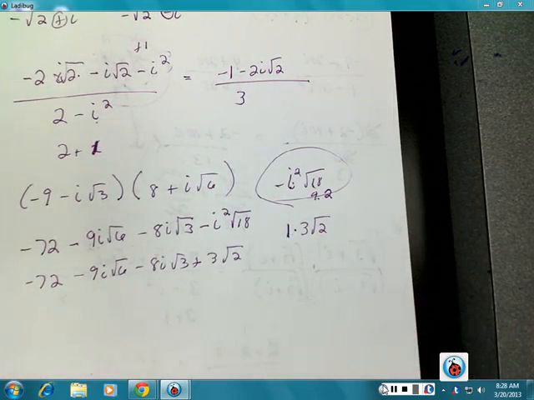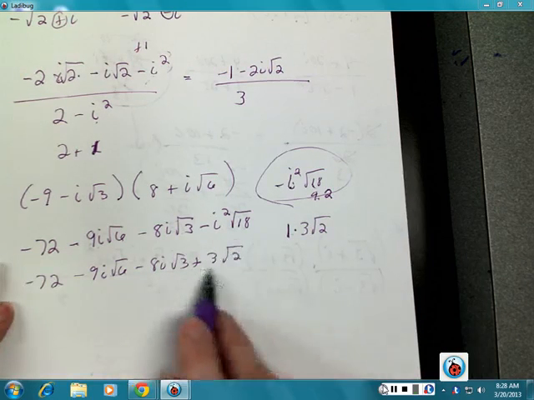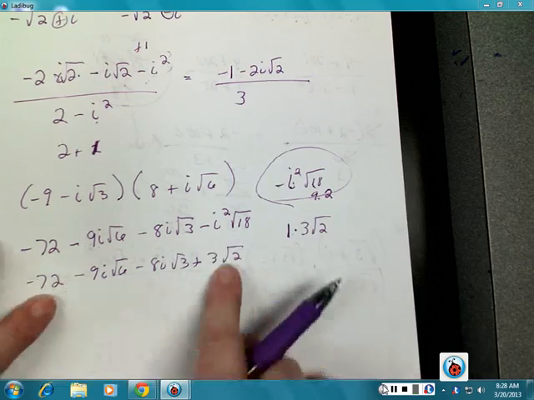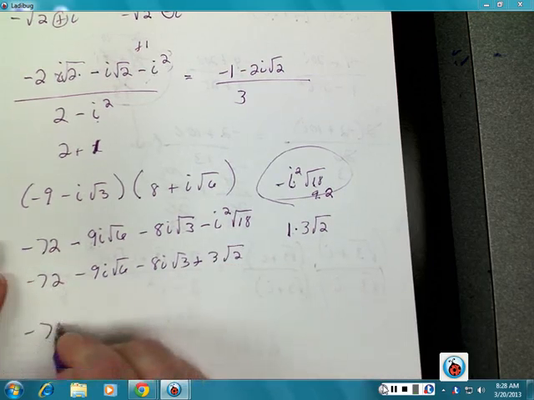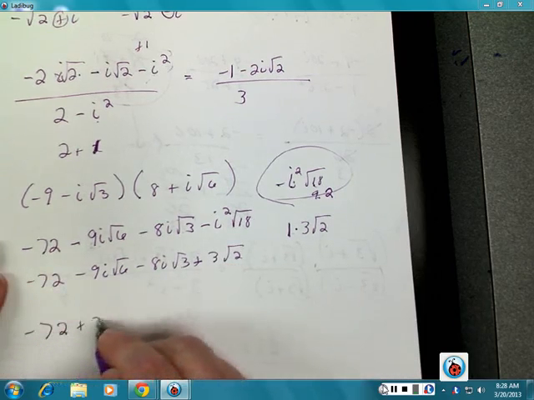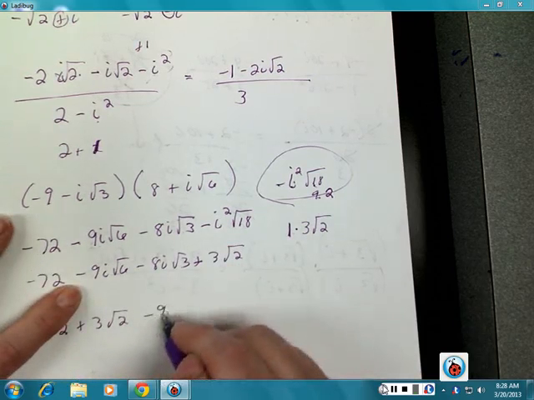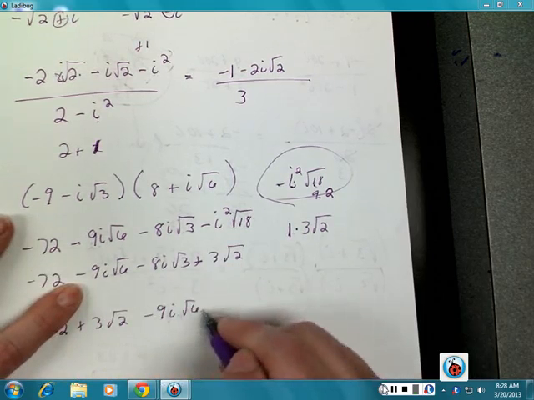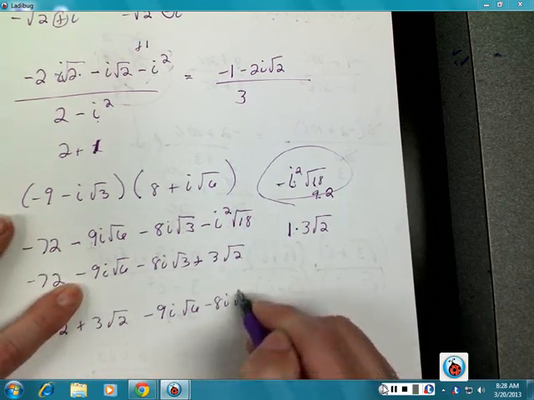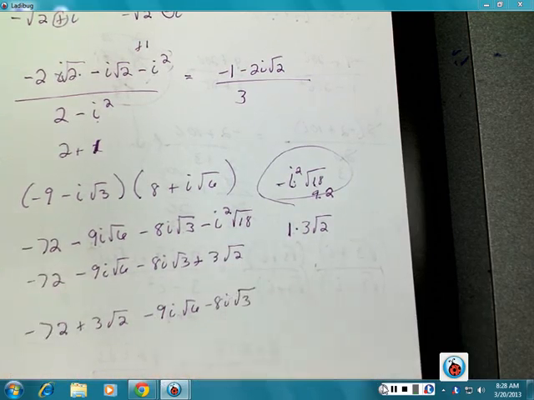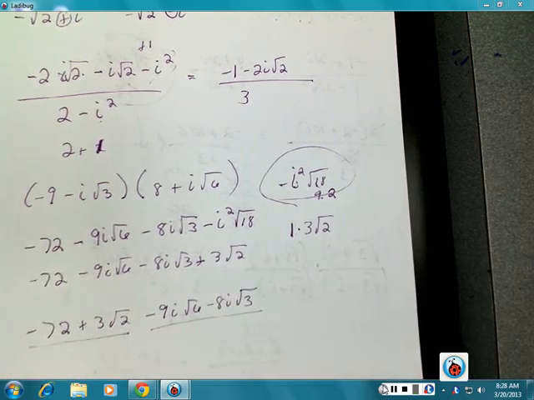So is Hawks happy? Hawks is not quite happy yet, because we want to put all of our real values together. So negative 72 plus 3 the square root of 2. And then we want to put all of our i pieces together. So we have our real piece here, our imaginary pieces there.